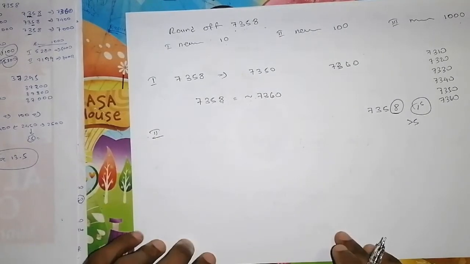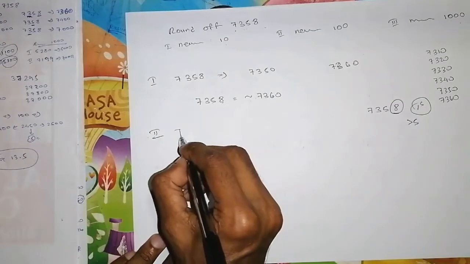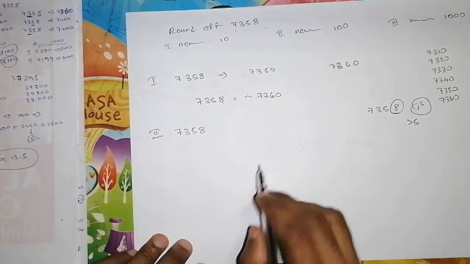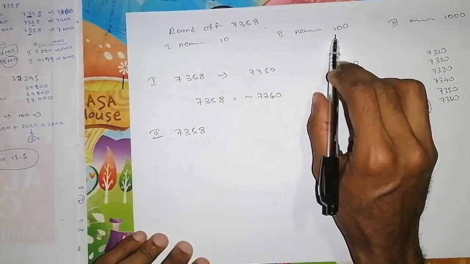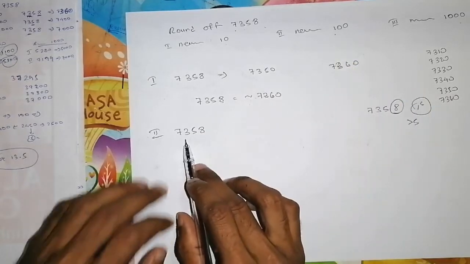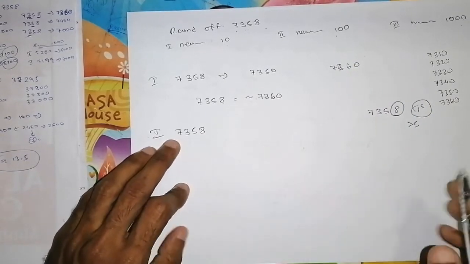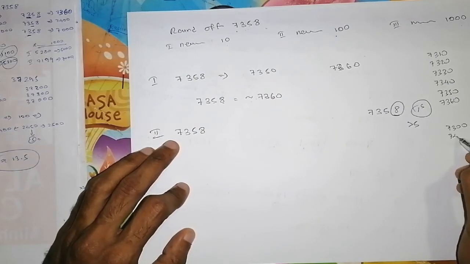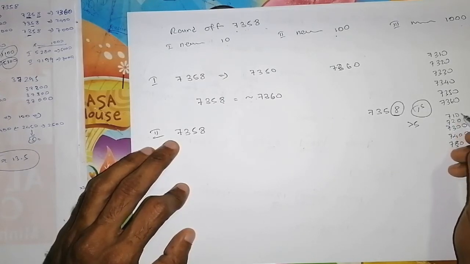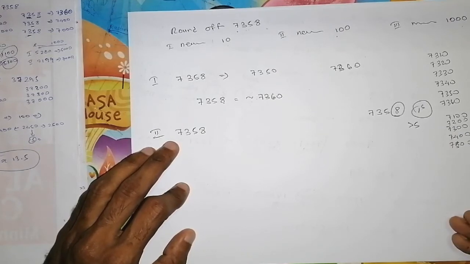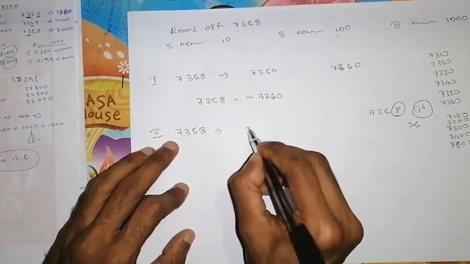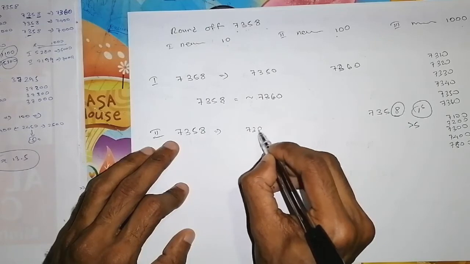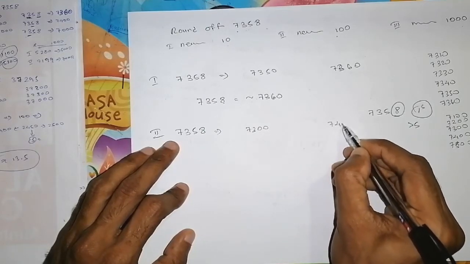Okay, second part. 7358, you should round off to the nearest 100. What are the hundreds? 7300, 7400, 7500, and before that 7200, 7100. In the first method, 7358 is in between 7300 and 7400.